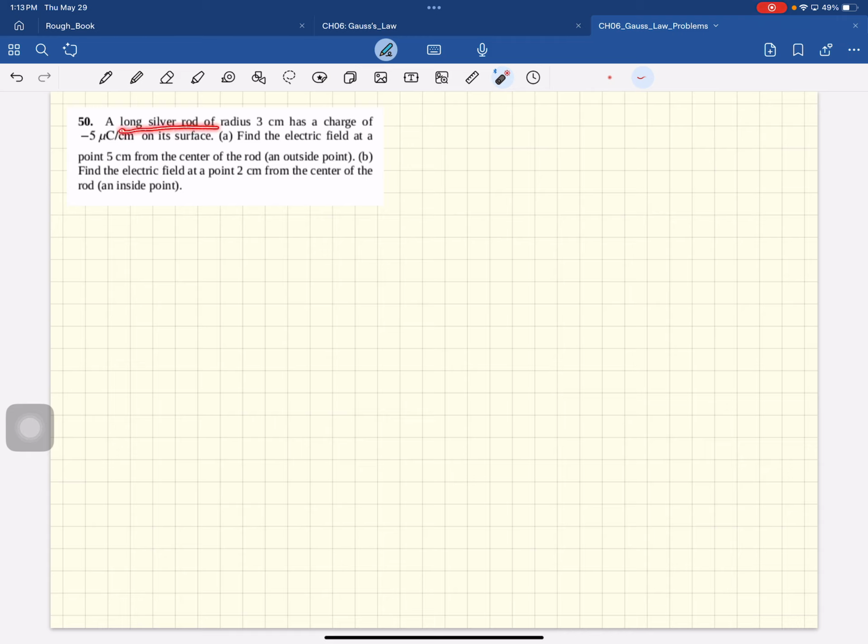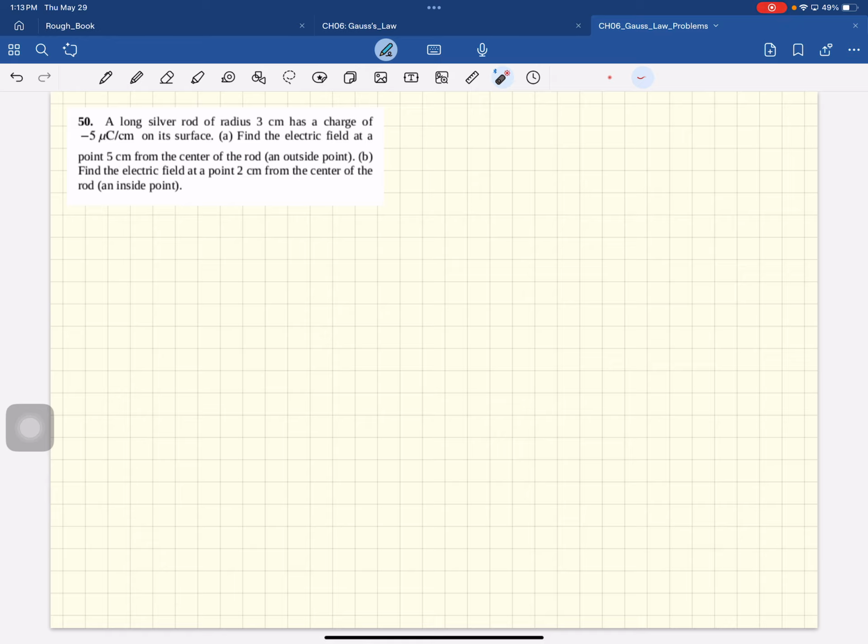A long silver rod of radius 3 centimeters has a charge of minus 5 microcoulomb per centimeter on its surface. See, they already told you that. You take a solid silver rod, throw a bunch of charge on it, and it'll reside on the surface.